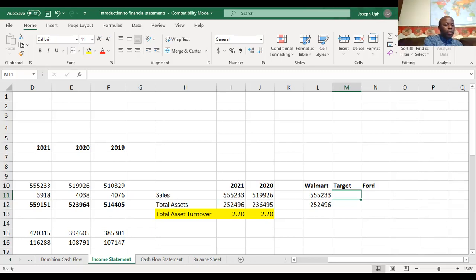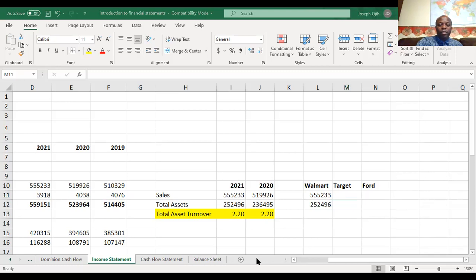So now we have Target. The way to find Target's information is to get the financial statements. I'm going to get it from Yahoo Finance very fast.